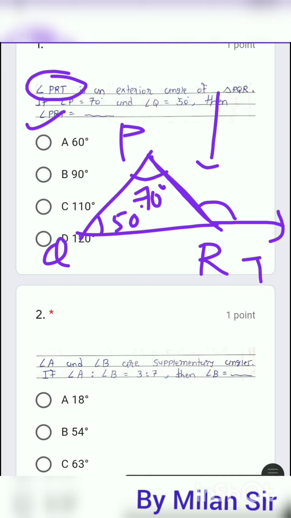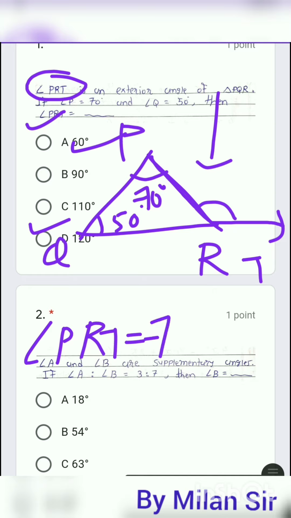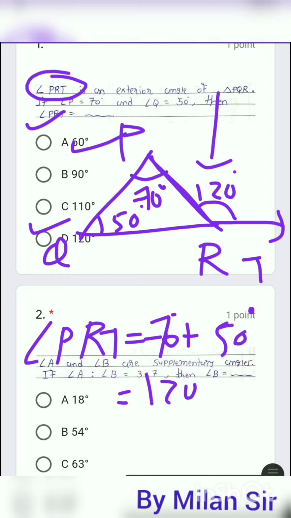Because angle PRT, exterior angle, is equals to sum of other two interior angles. So other two interior angles, it is P and Q, and we know the value of angle P and Q. So here we just need to add 70 and 50. So 70 plus 50, 120. 120 is the answer of this exterior angle.